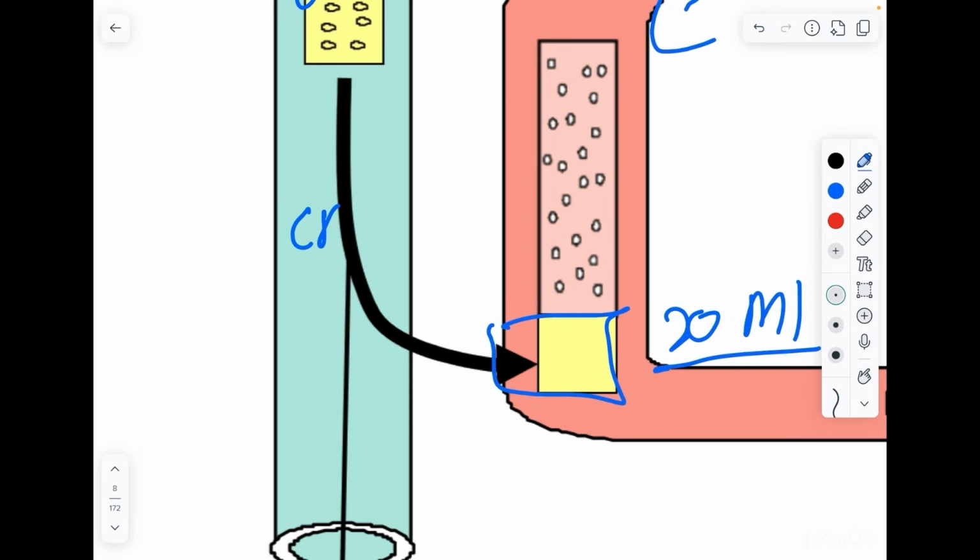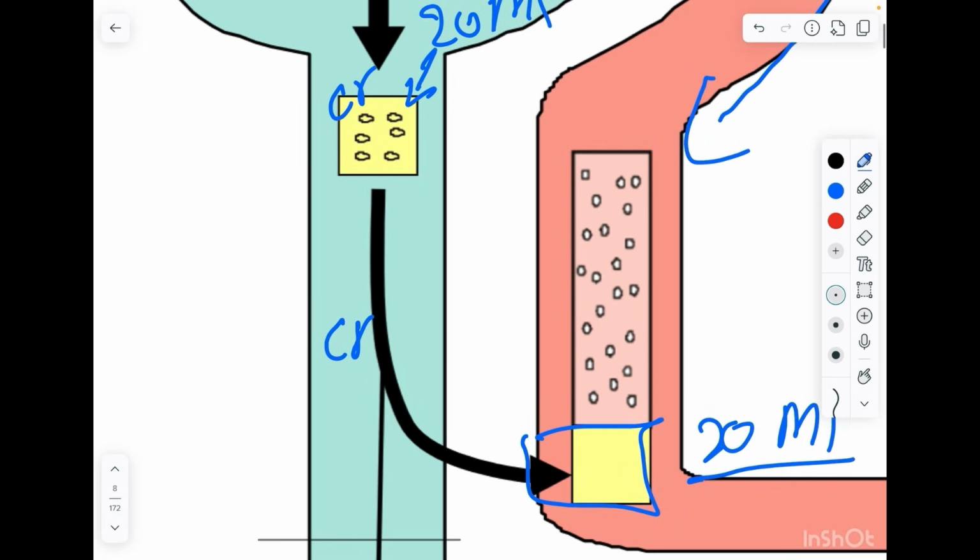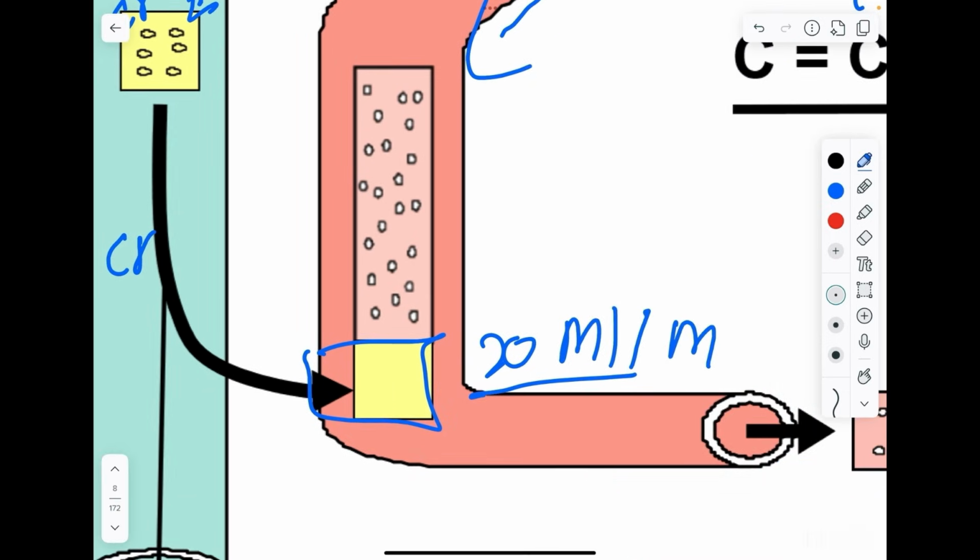Why? Because clearance is the amount of plasma that's getting rid of a certain substance in the unit of time. So if each minute this is happening, we will say that the clearance of creatinine is 20 milliliters per minute, because 20 milliliters of plasma each minute has been cleared of creatinine.